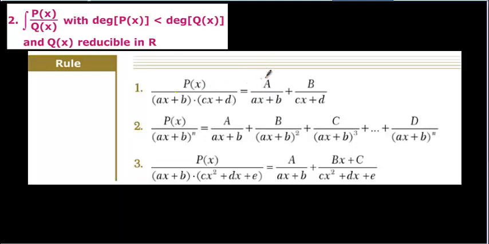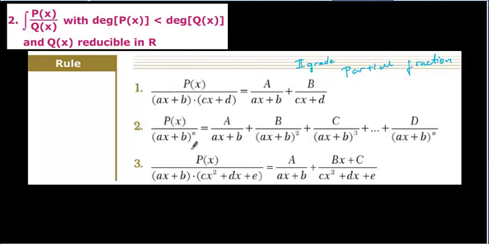But here we should remember from 10th grade that we learned the partial fraction method. Also I'm going to solve some exercises about this partial fraction method.